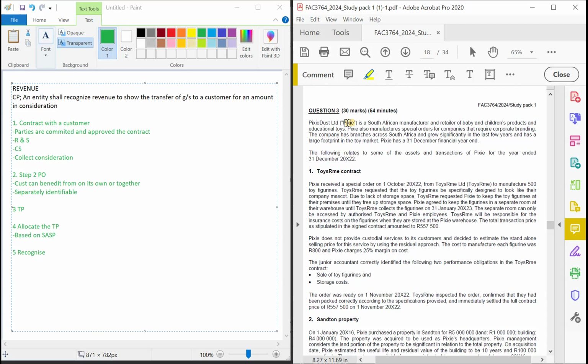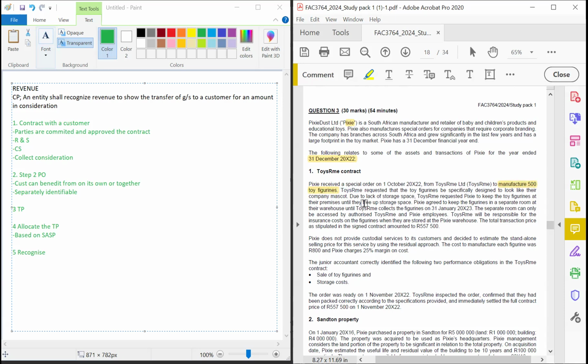Pixie has a 31st December financial year end. The following relates to some of the assets and transactions of Pixie for the year ended 31st December 2022. Right? So now, note number one, Toys R Us contract. Pixie received a special order on the 1st of October 2022 from Toys R Us to manufacture 500 toy figurines.